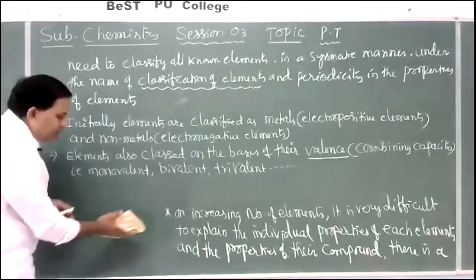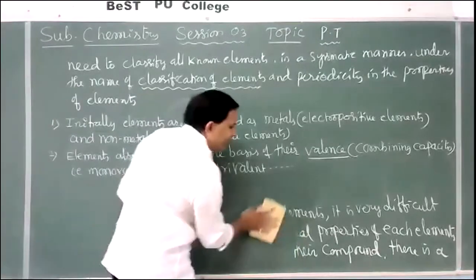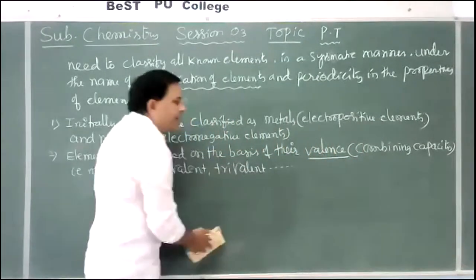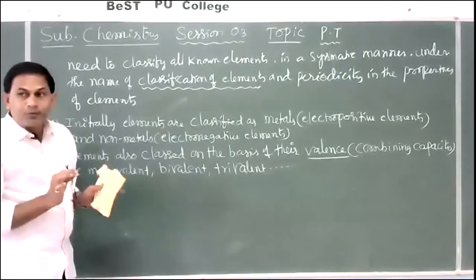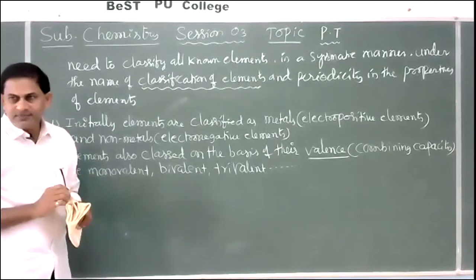But there is a drawback to classifying elements on the basis of valency, because elements of different valency have the same properties and the same atomic mass.